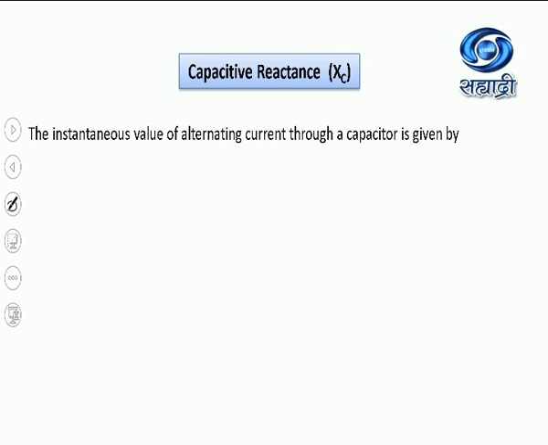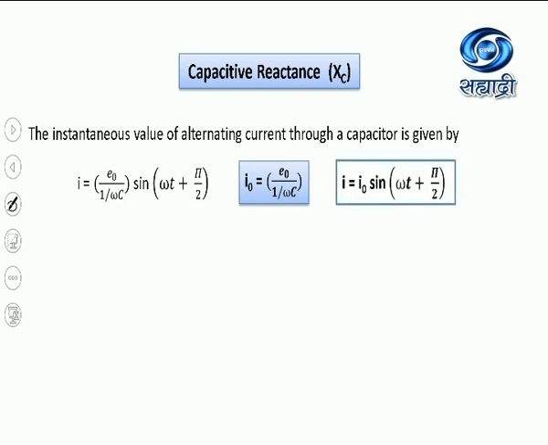The instantaneous value of alternating current through the capacitor is given by the formula we have derived, I = E0 divided by 1/ωC into sin(ωt + π/2), and I0 = E0 divided by 1/ωC. So I get I = I0 sin(ωt + π/2).